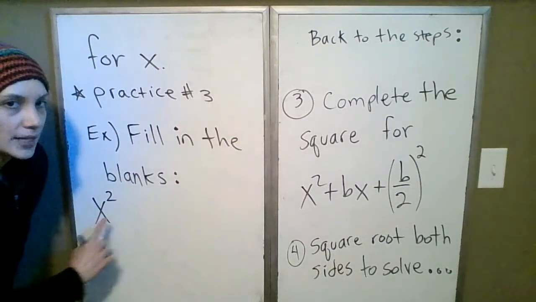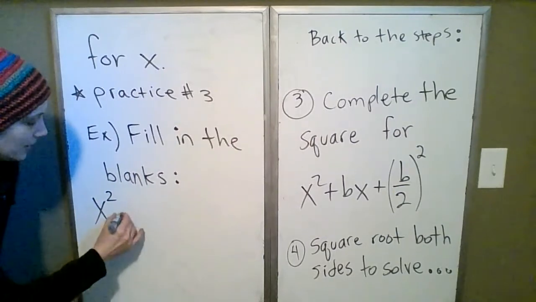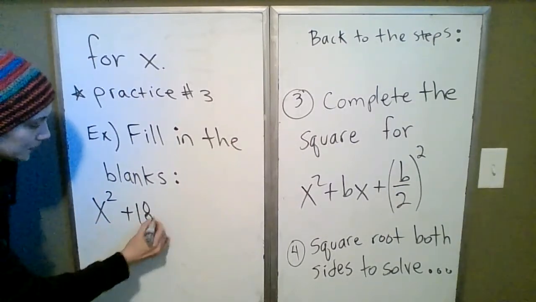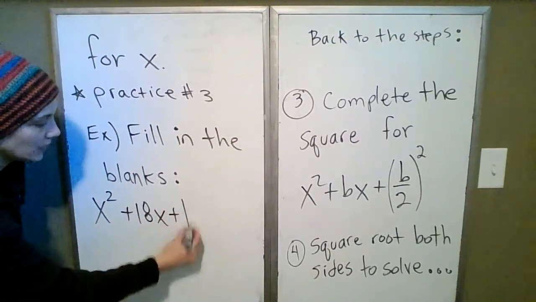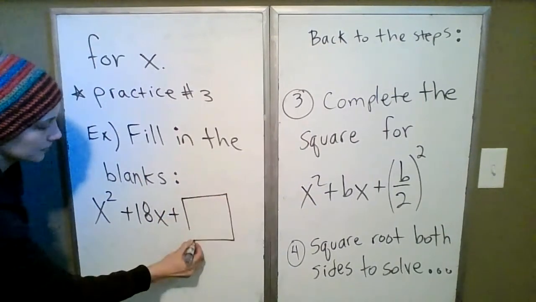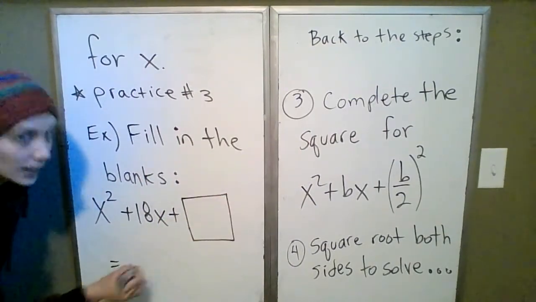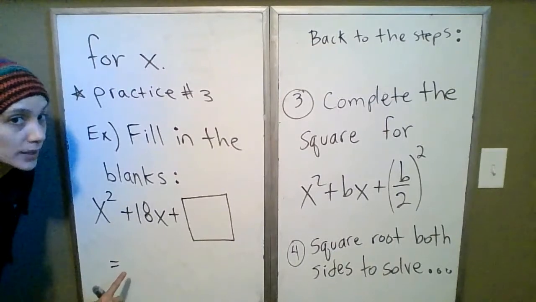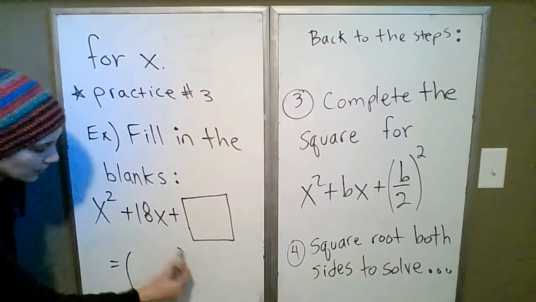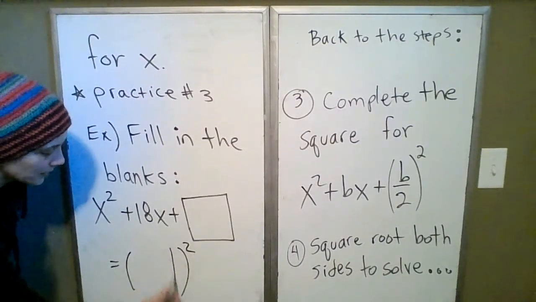Okay, x squared, add 18x. Add some number. And by adding that number, we can complete the square and have some value squared. So this is the other blank.